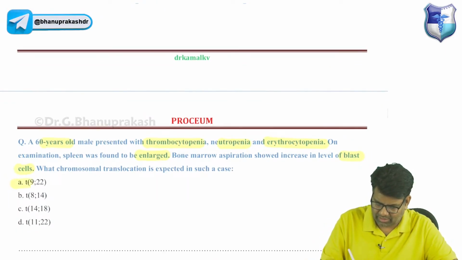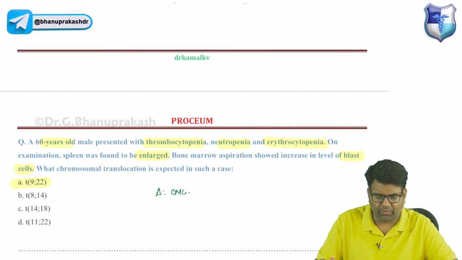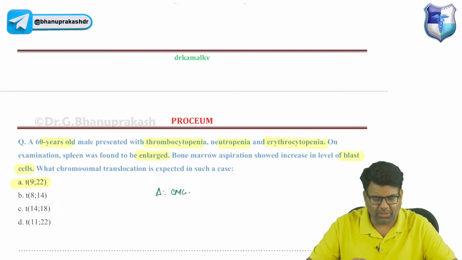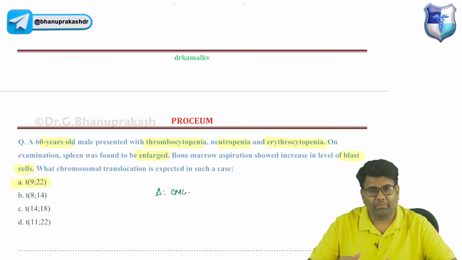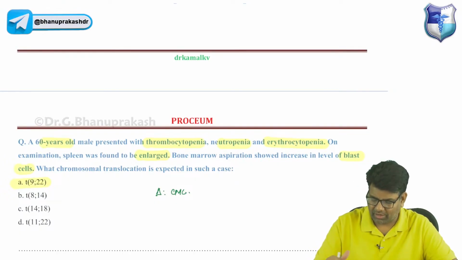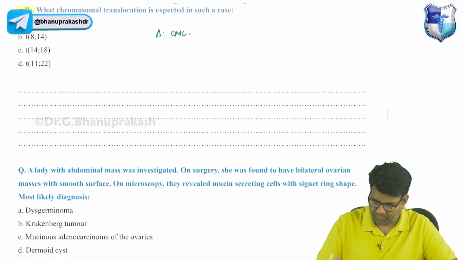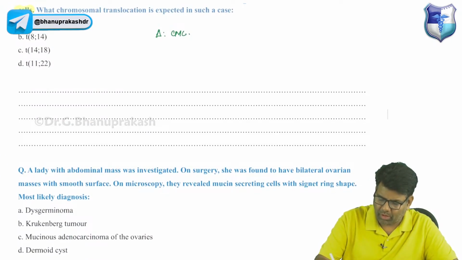Yes, the classical case of CML, we will expect t(9;22), very good. This is CML. The moment you find massive enlargement of spleen in relation to any leukemia, always think CML. Next question.